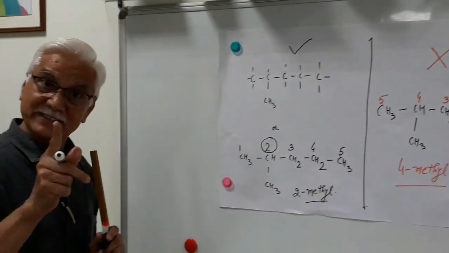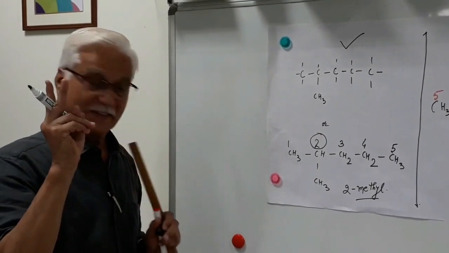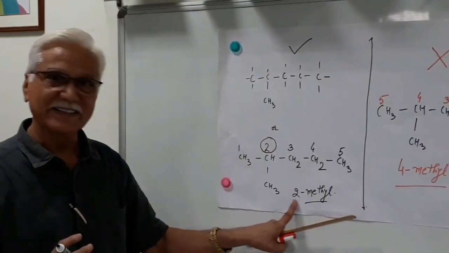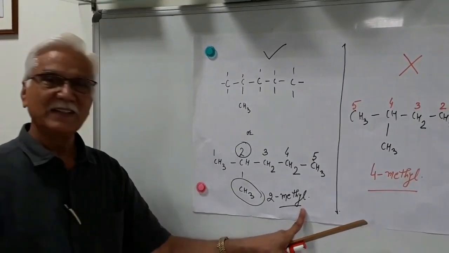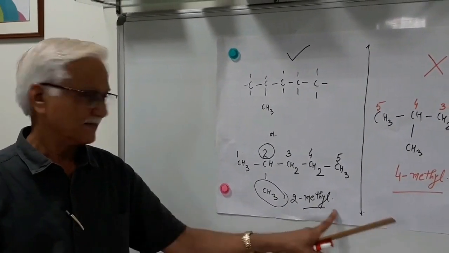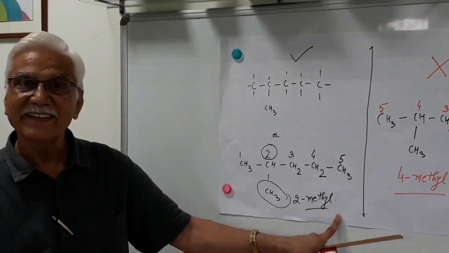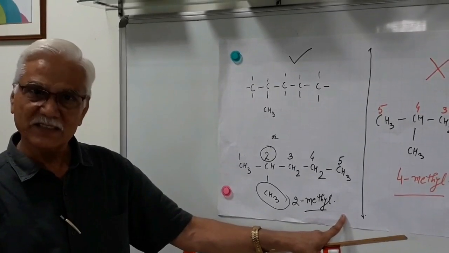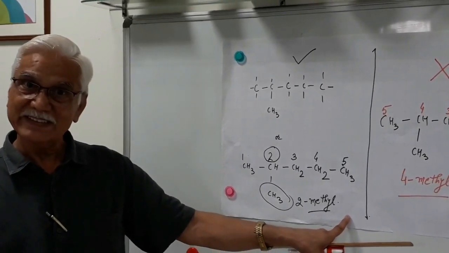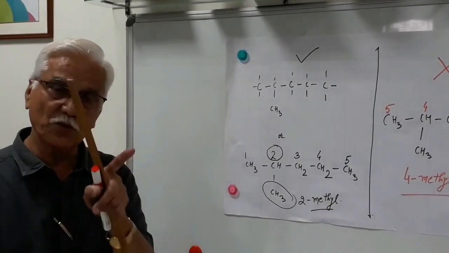So the rule of side chain: number and name. What is the name of this group? Methyl. 2 methyl. So what is the name? 2 methyl. This is the side chain prefix. This is the prefix. That is the first requirement.